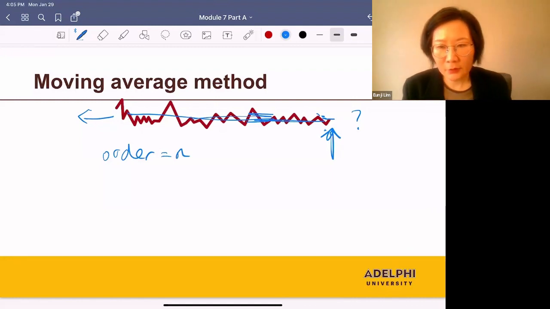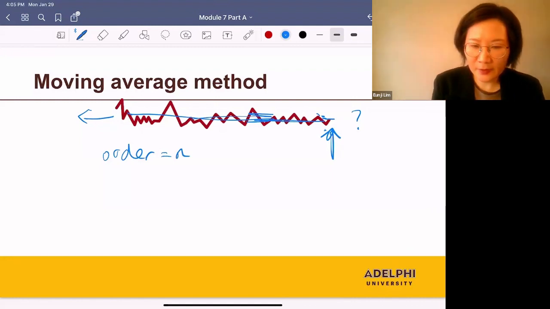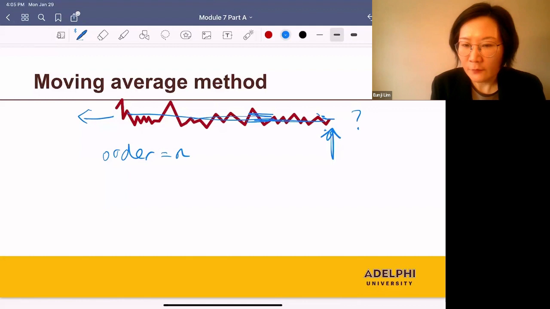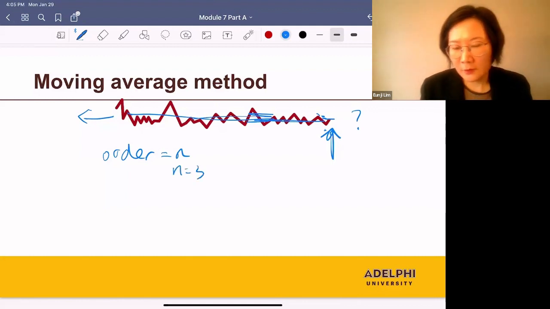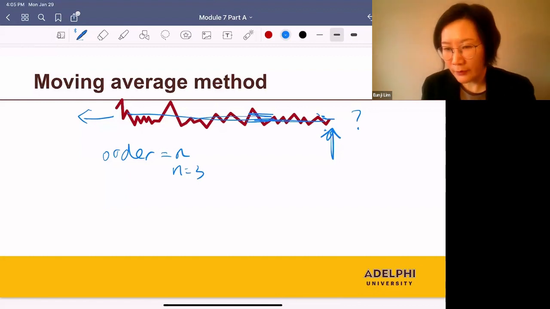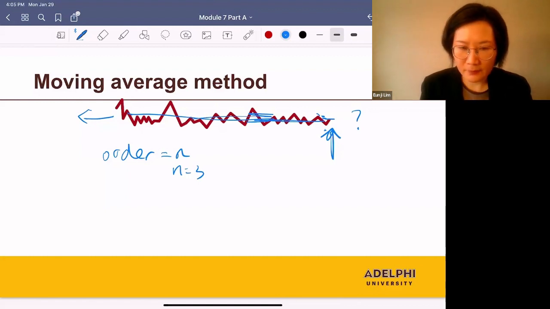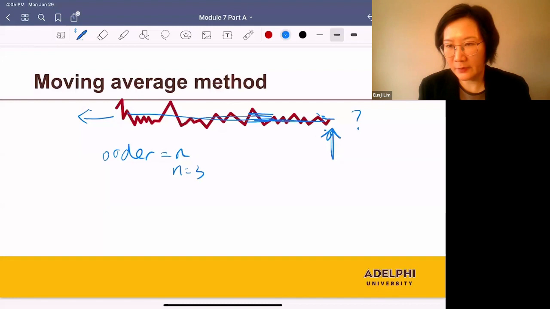And so the forecast for the next time period is the average of n most recent observations in the moving average method. For example, if n equals 3, then we're going to collect the 3 most recent observations and average them. And that's our forecast for the next time period.